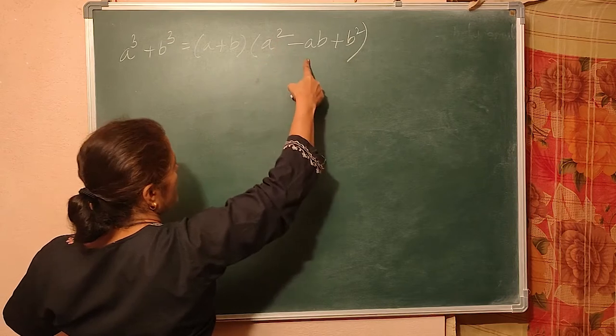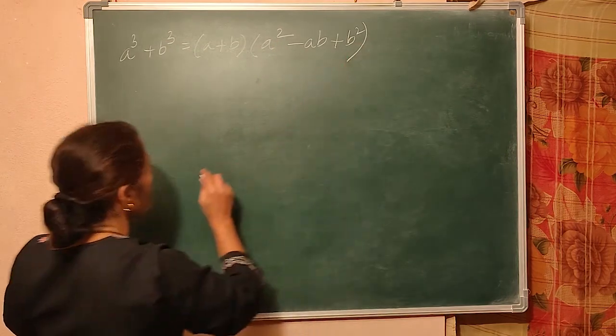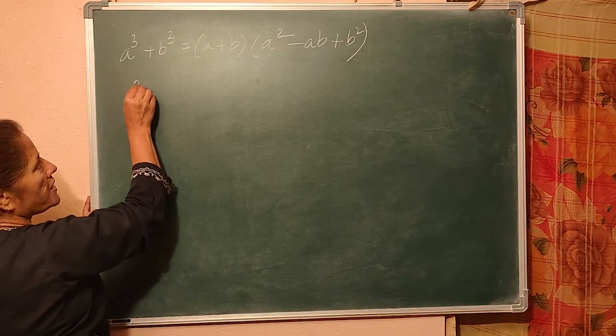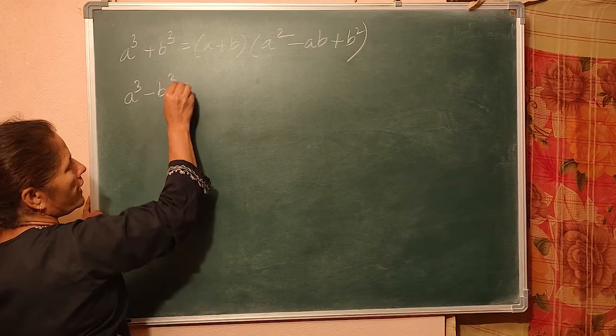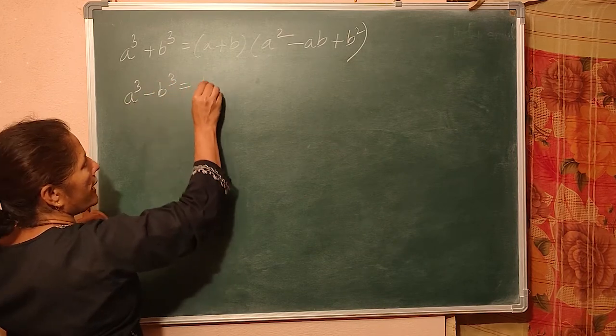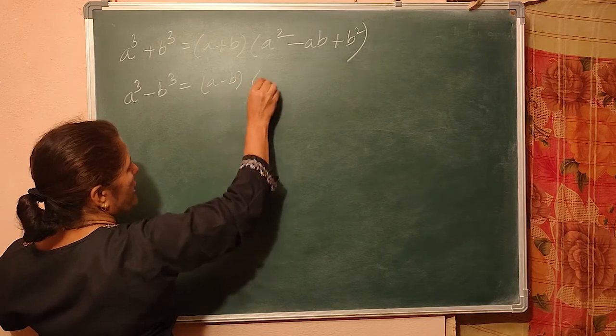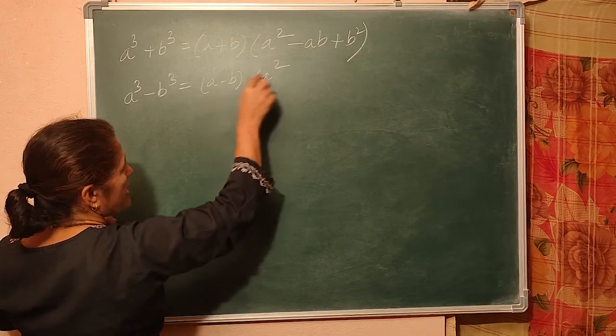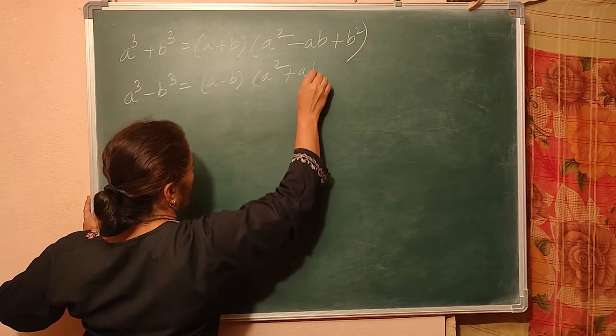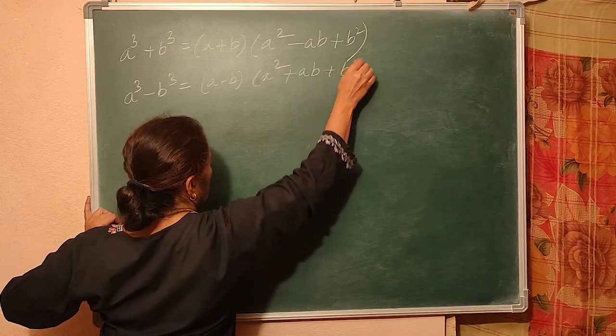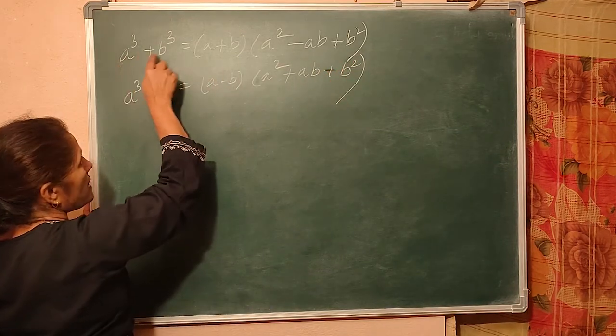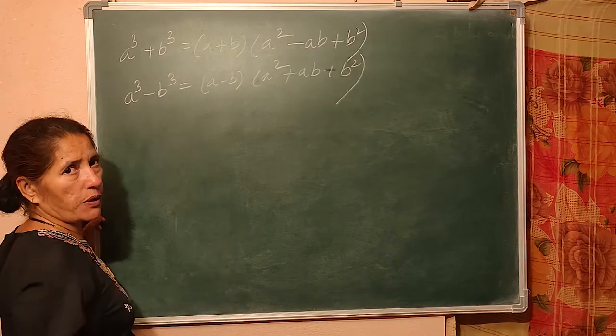If this is plus, this is minus: a square minus ab plus b square. So can you guess what is a cube minus b cube? a cube minus b cube is equal to (a minus b) into (a square plus ab plus b square). If this is minus, this is plus. So this is a cube plus b cube and this is a cube minus b cube.